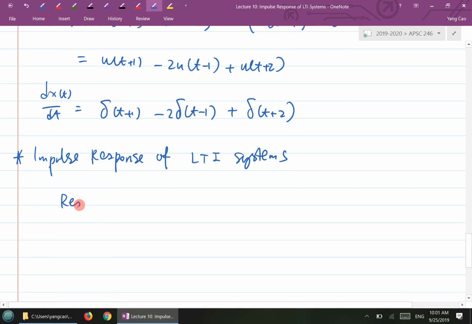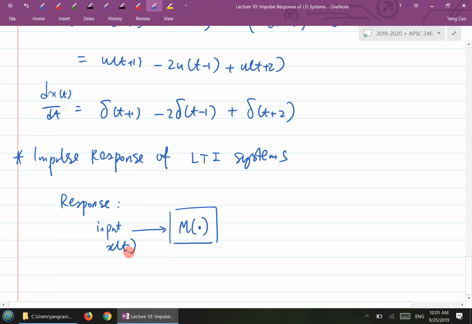So first, let's understand response. Response means if I have a system here, and we represent the system using an operator M, then we give the system input x of t.